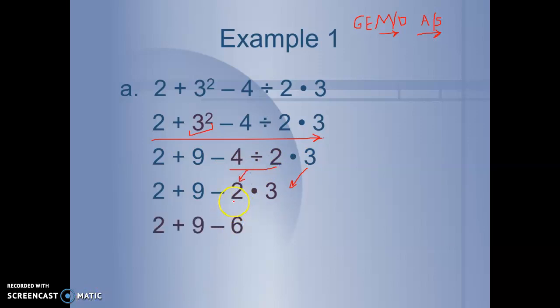When we simplify that, 2 times 3 becomes 6. So we're left with 2 plus 9 minus 6, only addition and subtraction. We're going to do that moving from left to right. So we'll do 2 plus 9 first, which is 11, minus 6. And then we'll do that 11 minus 6, which gets us to the final answer of 5.